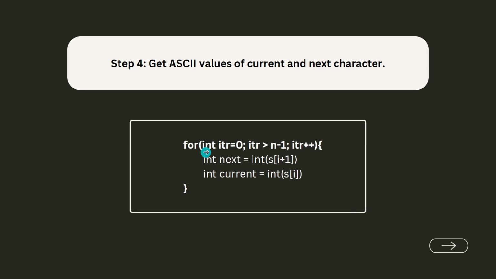Now as in each iteration I want the ASCII value of each character, I will calculate it like this. I have used two other variables, int next, so that I can get the ASCII value of the next character, and int current so that I can get the ASCII value of the current character.